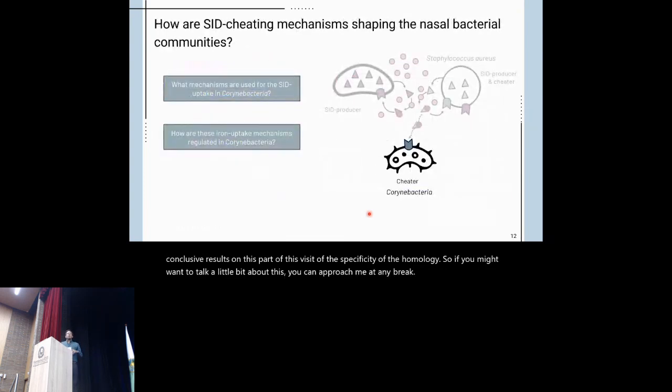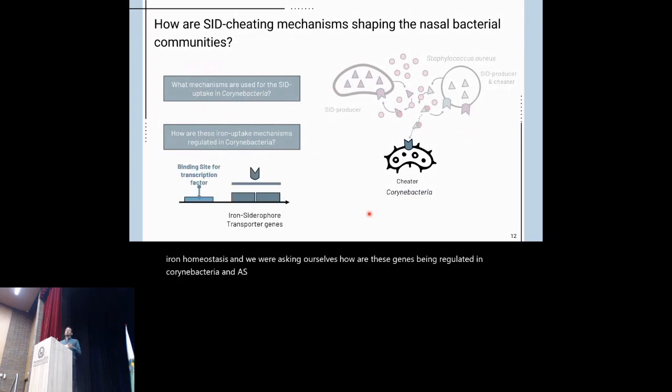We also have a huge set of homologs that are really interesting for iron homeostasis, and we were asking ourselves, how are these genes regulated in Corynebacteria? As mentioned before, these genes are often regulated by specific transcription factors, so we expect to find only one binding site upstream of a group of genes.